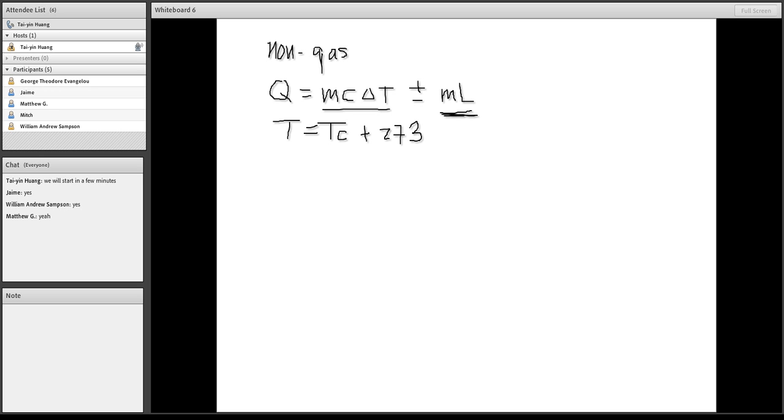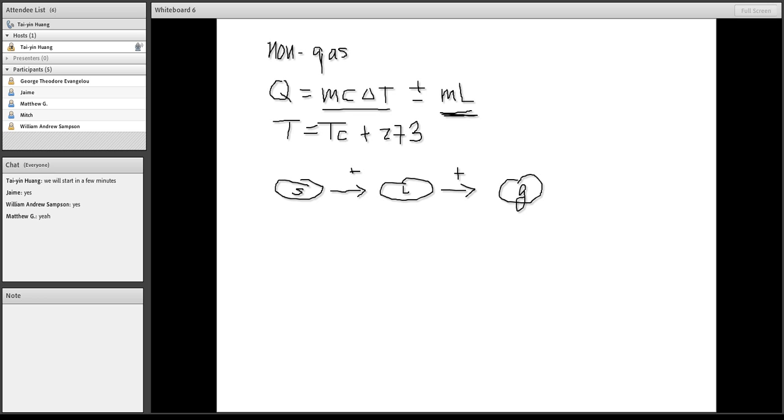Now, when do you use plus or minus? If the direction of the transition is going from solid to liquid to gas, then you use plus, because in order for a solid to change to liquid it requires more energy, and for molecules in liquid form to become gaseous form it requires more energy as well.